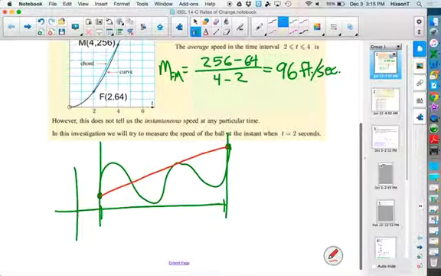And that would give us average speed. And in fact, you might even see stuff like that on the IB exam where they ask you for the difference between the average speed.